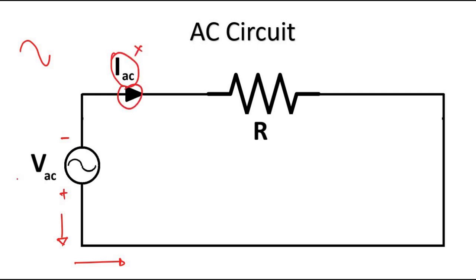Now the current flows in the opposite direction, because here the upper one is minus and the lower one is plus. Current flows from positive to negative, starting from here and terminating here.